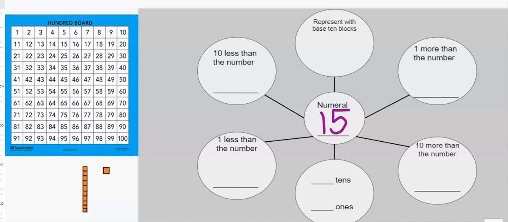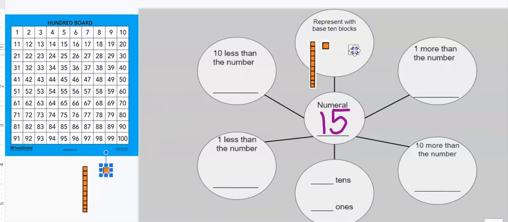Okay, so the first thing we're going to do is up here, and that is to represent with base 10 blocks. Okay, so I'm going to use my base 10 blocks. So I could count out 15 of these ones, but I'm going to go ahead and use one of these rods. So what do I count by if I use one of these? That's right, 10.